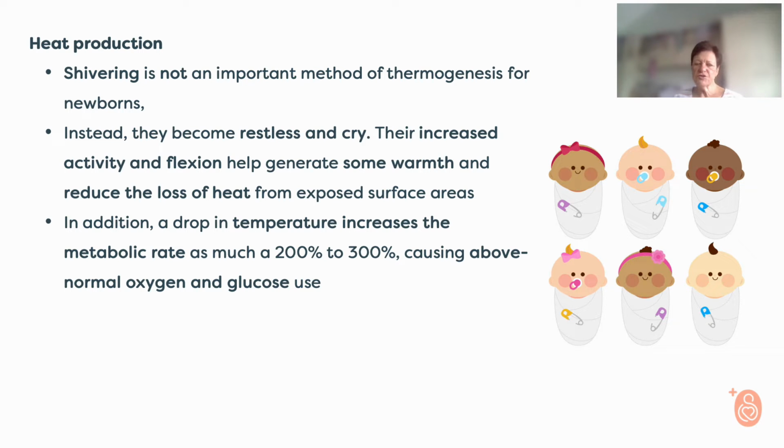This is extremely important to us because specifically asphyxiated babies and babies with respiratory distress really seriously need the oxygen, and they can't afford to lose more oxygen in the process of trying to produce heat. And as we've said, glucose is very scarce in the newborn baby, so again they can't afford to lose more glucose to heat production.